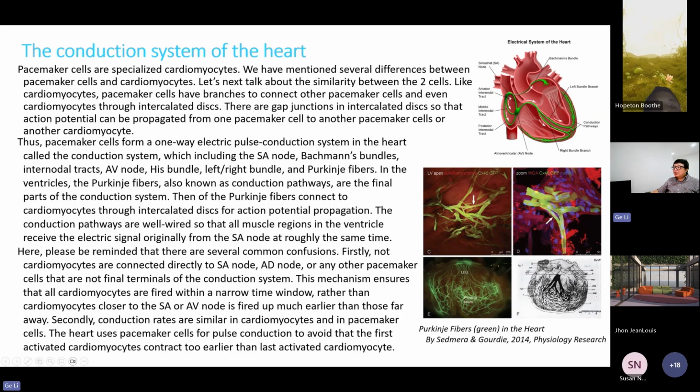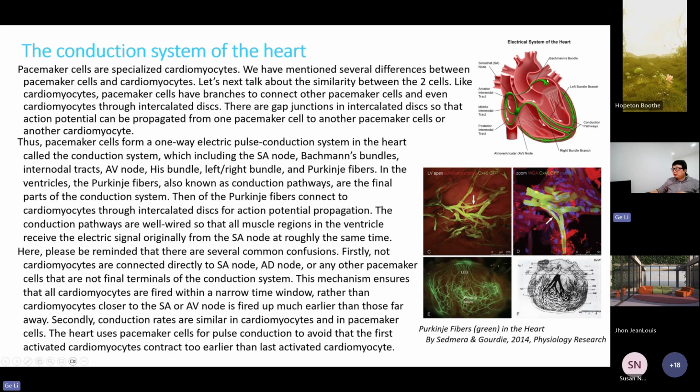From the SA node, mainly four major branches are sent out. Three of those go all the way down to the AV node, and one goes all the way to the left atrium, called Bachmann's bundle.